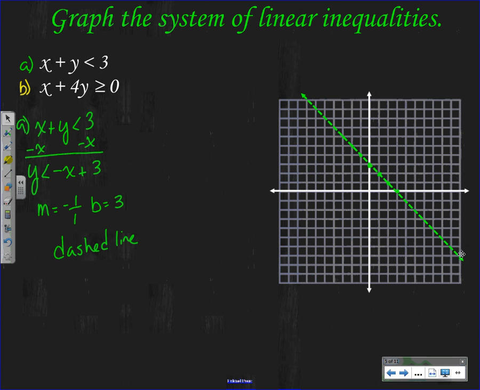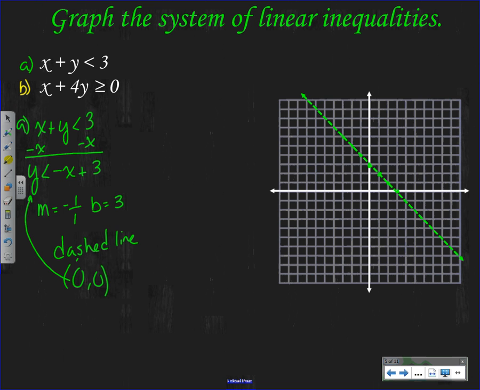Okay, good, awesome. So now we need to pick a point, right? And we need to decide what side to shade for our equation. So, you know me, I like doing it easy. So I'm going to pick 0, 0 because it's not on my line, right? I'm going to plug it into this equation.